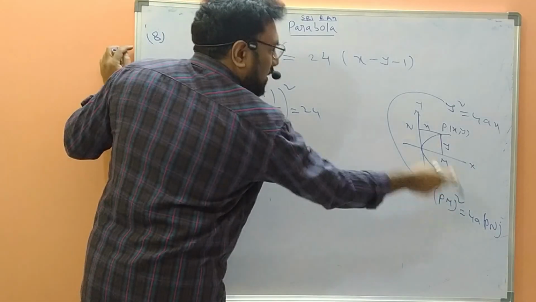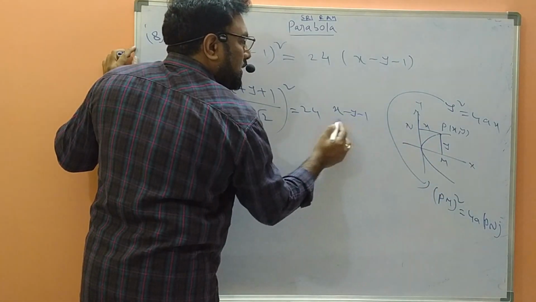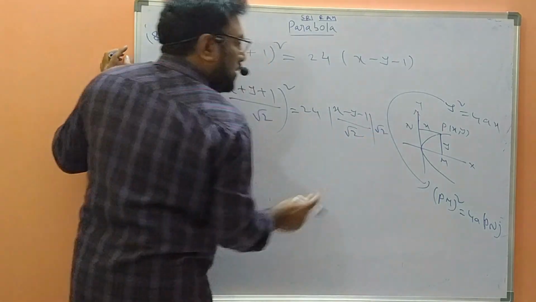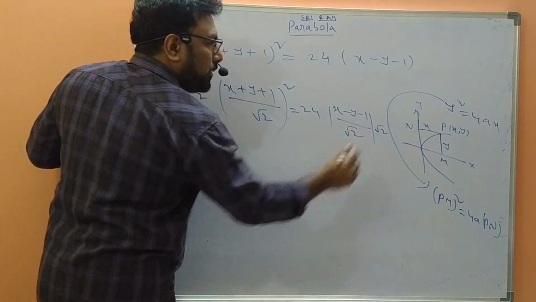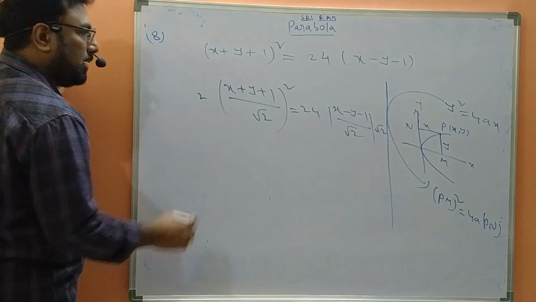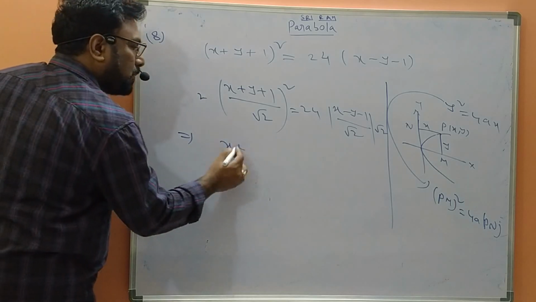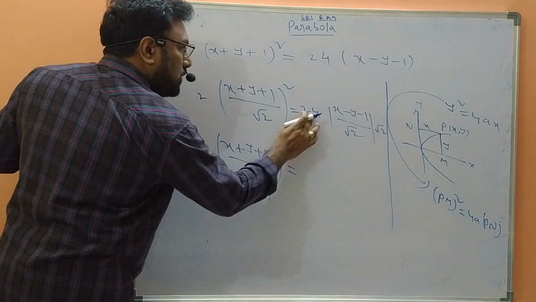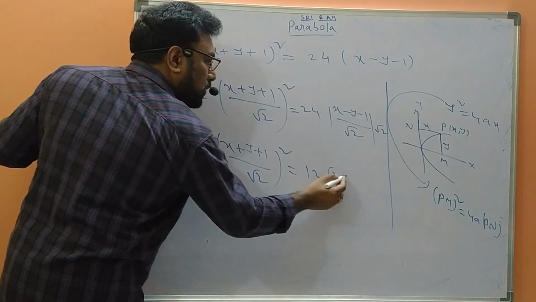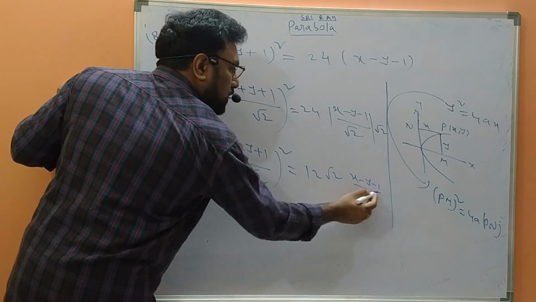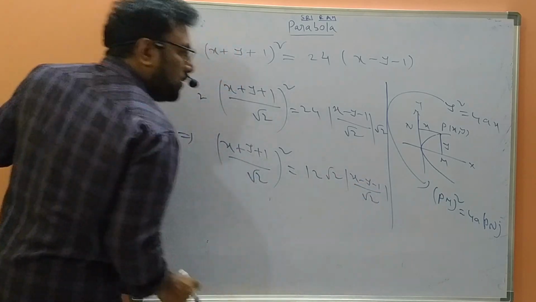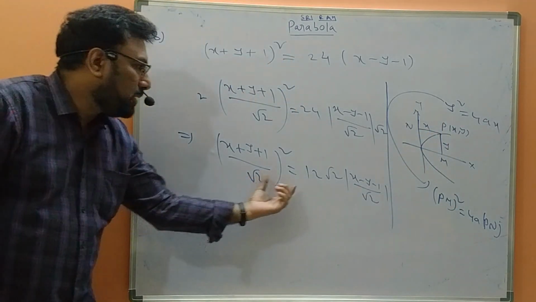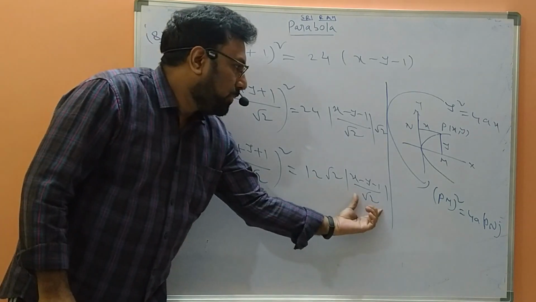Here also PN. So convert into perpendicular distance form, multiplying and dividing by root 2. This implies finally I am getting (x plus y plus 1) by root 2 whole square is equal to 12 root 2 into (x minus y minus 1) by root 2. Now it is in the form of y square equal to 4ax, that is PM whole square is equal to 4a into PN.